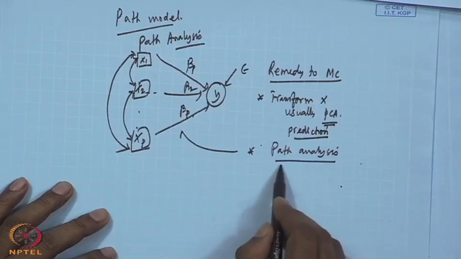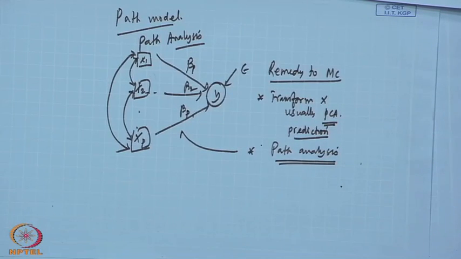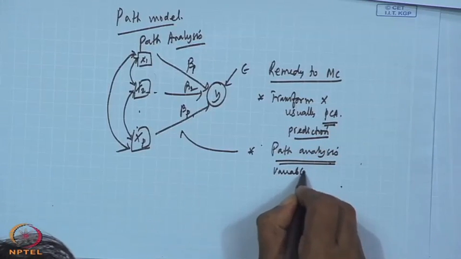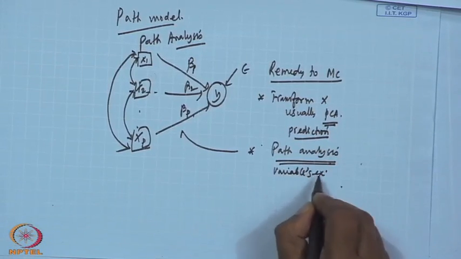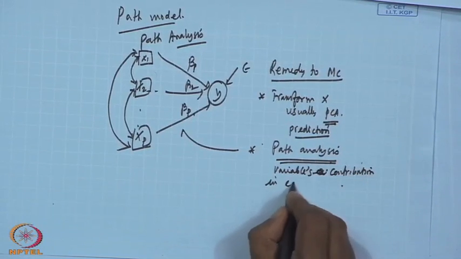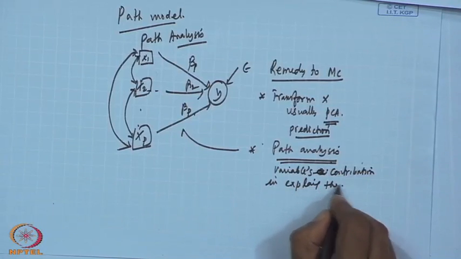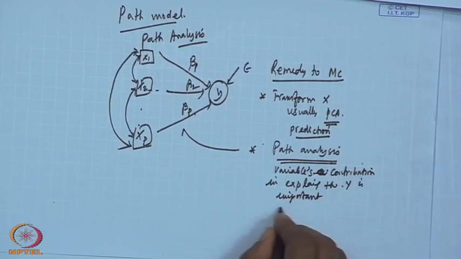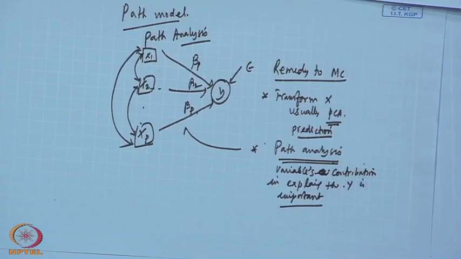Of these two analyses, it is better to go for path analysis when variable explanation is an important issue, when the variables' contribution in explaining the y is important. Okay. So, I think we can stop now.